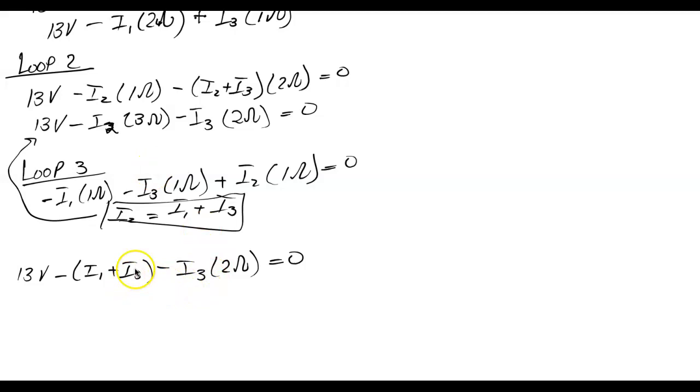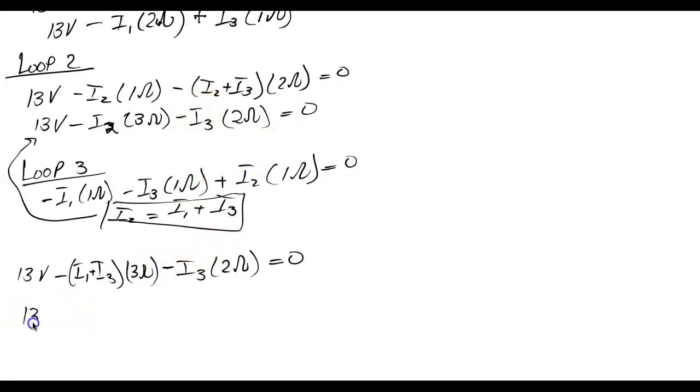I forgot to multiply this by 3 ohms. So when we rewrite this correctly, this would be minus I1 plus I3 times 3 ohms. That's this part, and then minus I3 times 2 ohms.